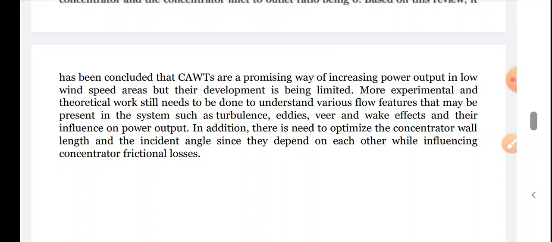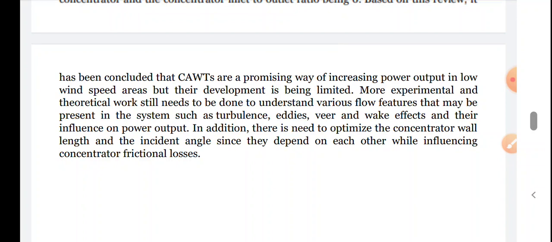Actually an eddy is a circulation that develops when the wind flows over or adjacent to rough terrain, buildings or other obstructions, you can say mountains also. They generally form on the downwind or sheltered side of these obstructions. So these are the eddies which affect the power output.